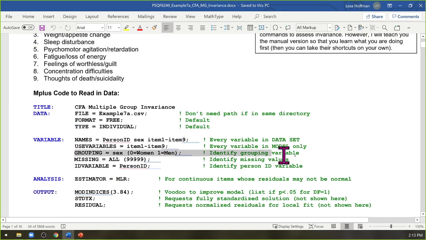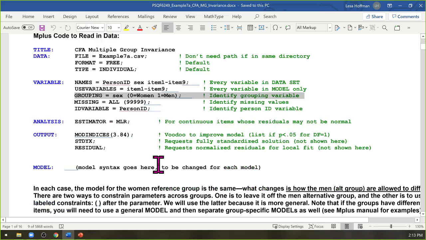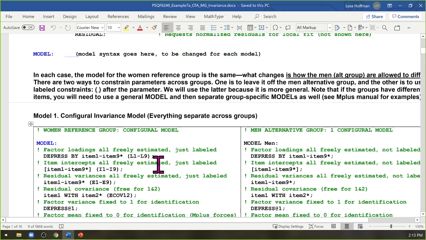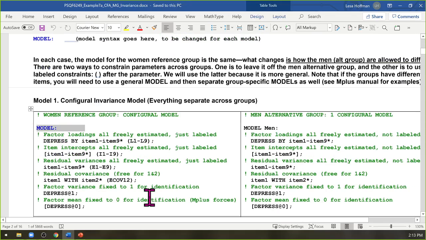Here is the new part with respect to the input. On the variable statement, you have to tell it which variable in your data set controls which group someone is in and what the labels are. And then after that, you have a general model statement like usual that is going to describe what the factor model looks like specifically in the reference group, so in the 0 group for the women here. And then you're going to have another model statement that has the alternative group's label after it. This one does not turn blue, by the way.